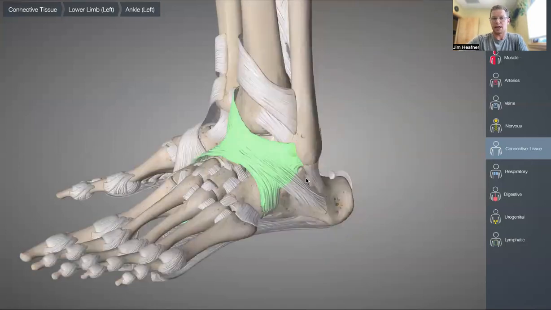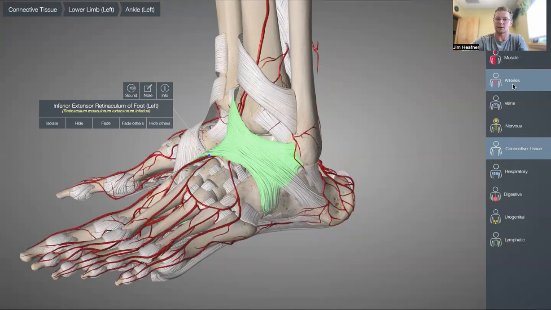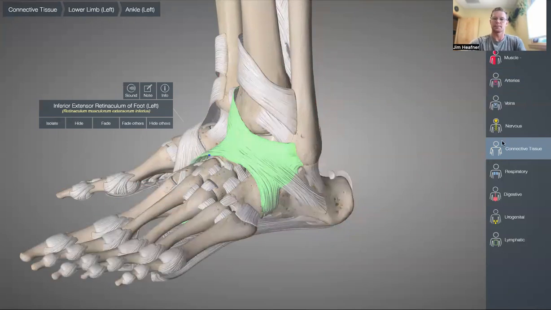It's not that that ligament is the only thing that takes on stress. All of this stuff gets quickly overstretched, and that's going to injure the soft connective tissue, so our collagen needs to recover there. It's also going to injure some of the underlying arteries and blood vessels, because if we add in the arterial tissue, you can see how there are arteries running all through this area.